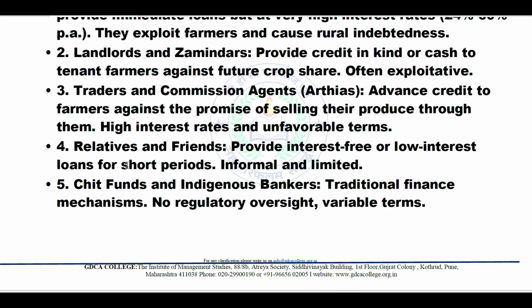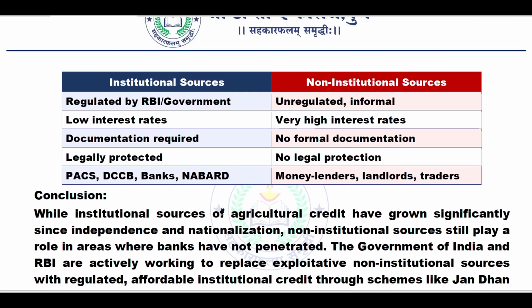Number four, relatives and friends provide interest-free or low-interest loans for short periods, informal and limited. Number five, chit funds and indigenous bankers, traditional finance mechanisms with no regulatory oversight and variable terms.